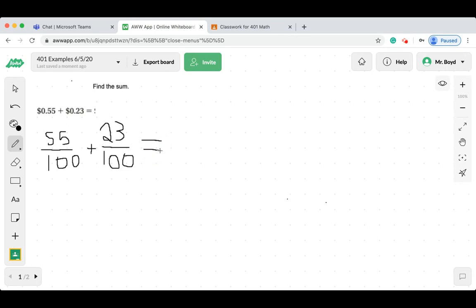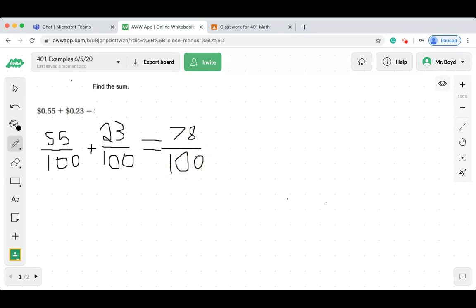Now remember, when you are adding fractions, you do not add the denominator. I need my denominator to be the same in order for me to add, but I do not add my denominator. So when I add 55 and 23, I will have 78, and my denominator stays the same as 100.